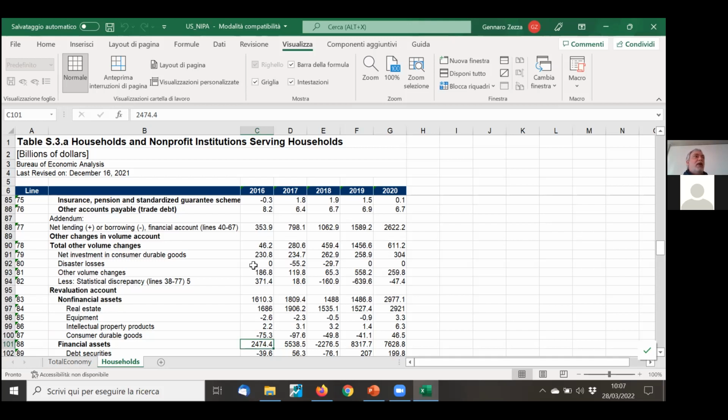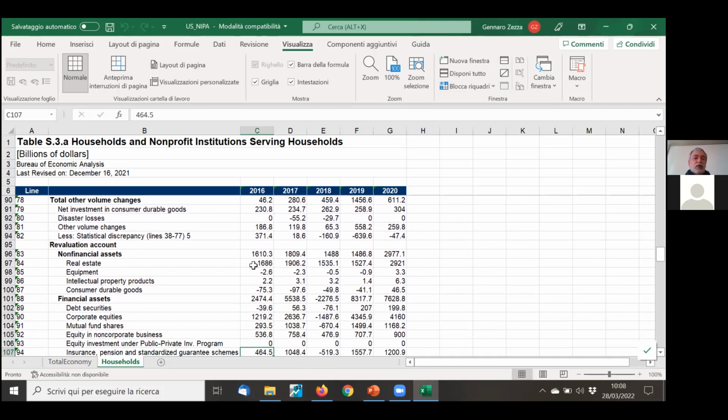So you had this craziness that a country hit by a hurricane would not see its GDP falling, but would see its GDP increasing in the following years. Now, with these disaster losses, they're trying to at least introduce these estimates in the accounts.